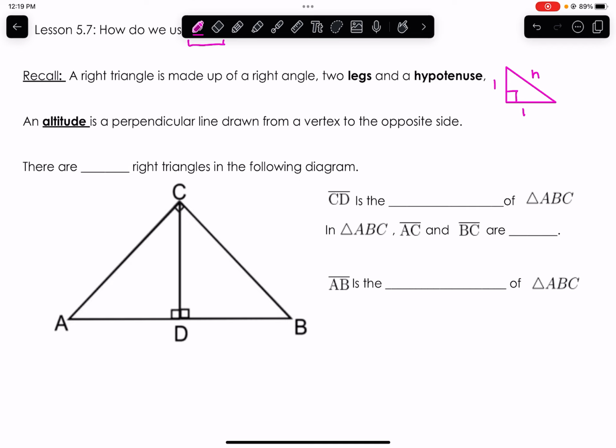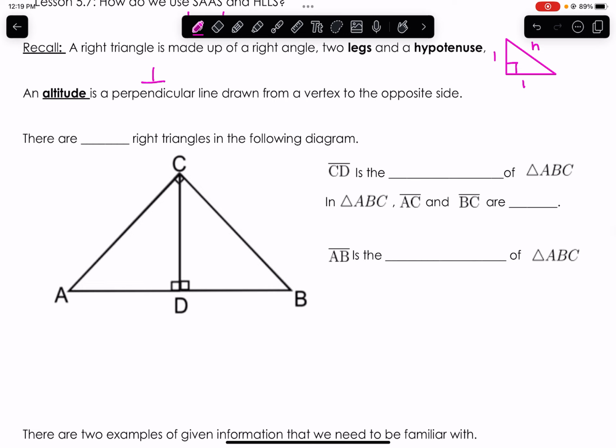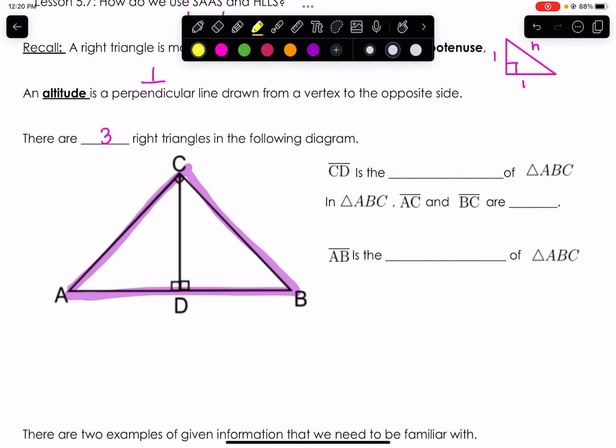An altitude is a perpendicular line, so it forms a right angle, drawn from a vertex to the opposite side. If we look at the following picture, we have our right triangle ABC, and because of the altitude drawn, CD, there are actually three right triangles in the diagram. We have our larger right triangle, and then the two inside that are formed because of the altitude dropped from C to AB.